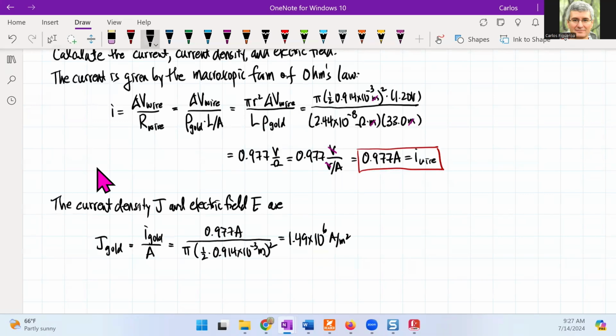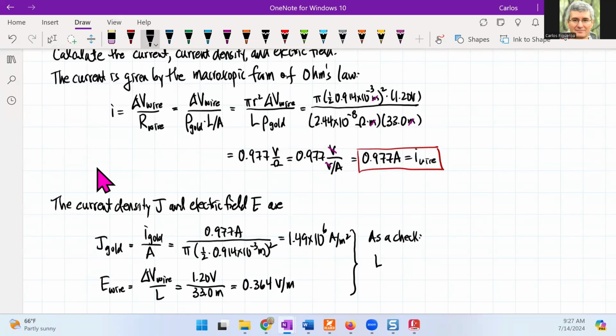And if I look at the electric field of the wire, it has to be the voltage of the wire divided by its length. So in this case, it's 1.20 volts divided by 33.0 meters, which is 0.364 volts per meter. Just as a check, I should get back the resistivity that we Googled.